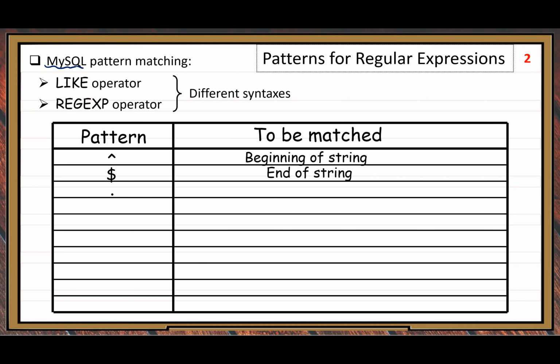The dot symbol is special in this regular expression. It means any single character. Here you can compare with the LIKE operator, where we represent the same thing with a different character.